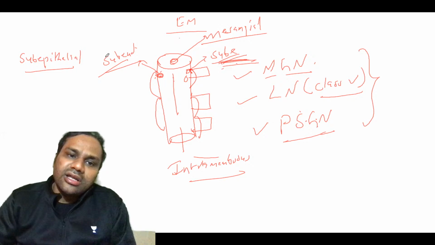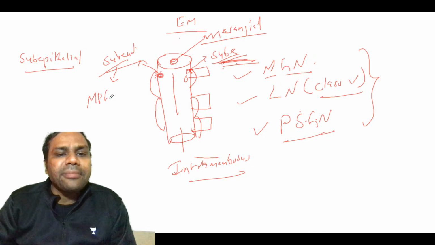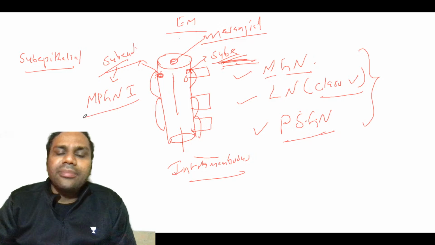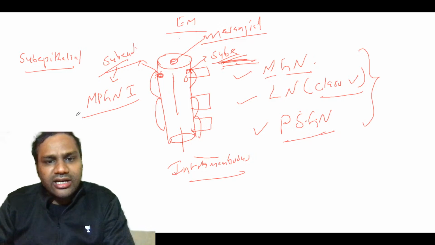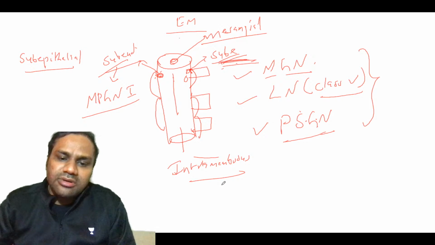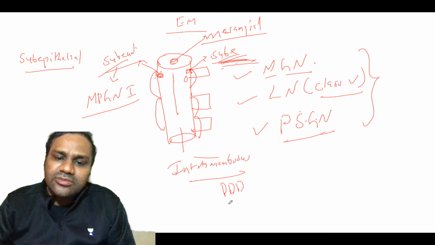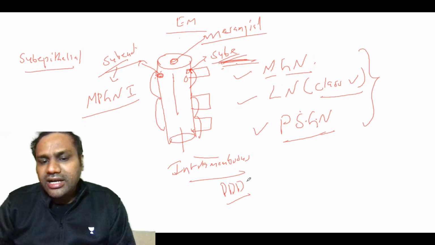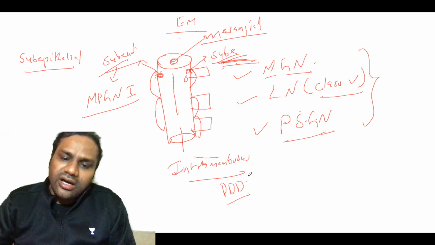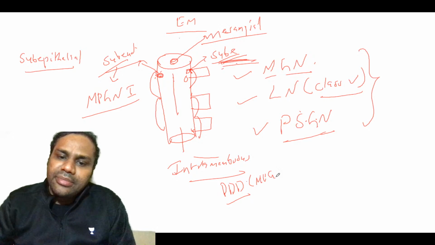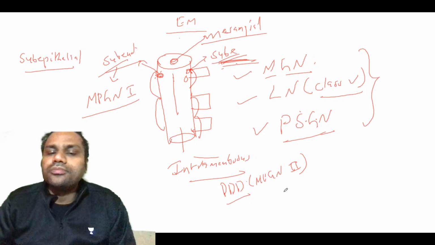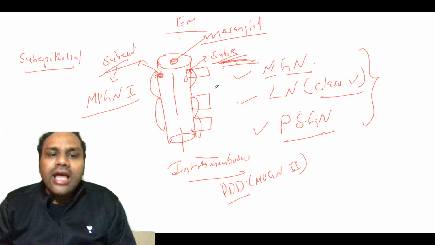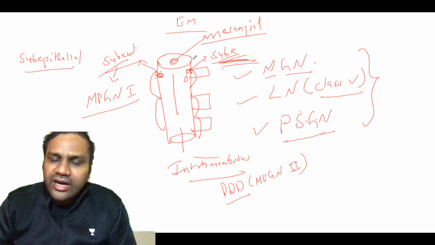For subendothelial, just remember MPGN type 1. Intramembranous, just remember dense deposit disease, which is MPGN 2. MPGN 3 can be everywhere.